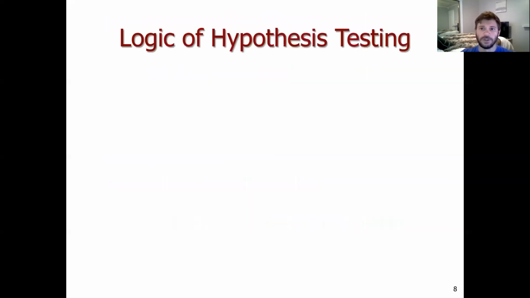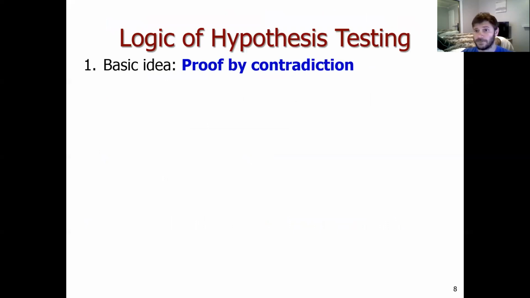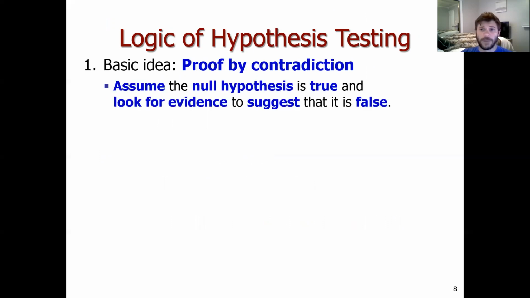So the general logic of the hypothesis test here is that we're essentially going to construct a statistical proof by contradiction. We're going to assume that the null hypothesis is true and look for evidence sufficiently far away from our hypothesized value to suggest that it is false. So again, our null hypothesis is the status quo.